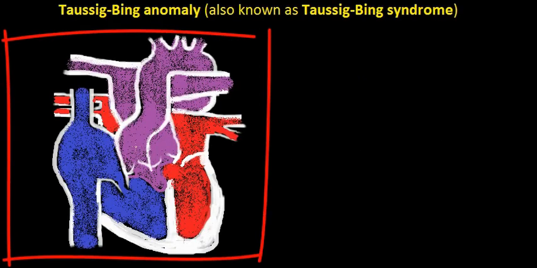Over here I have made a simple drawing of an abnormal heart with Taussig Bing anomaly. I'm not a good painter.